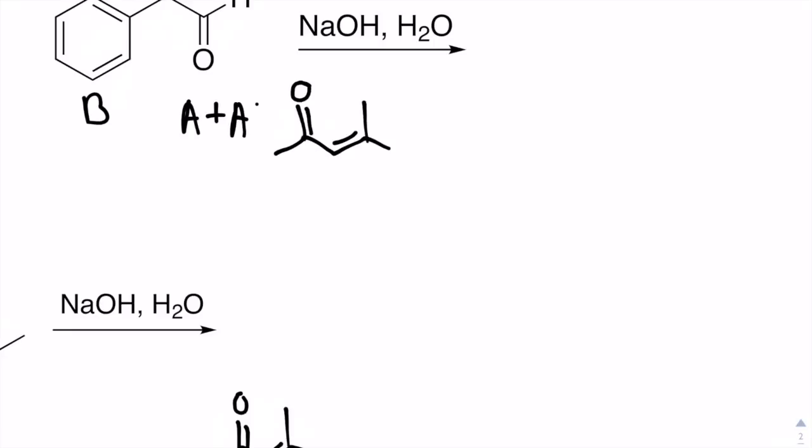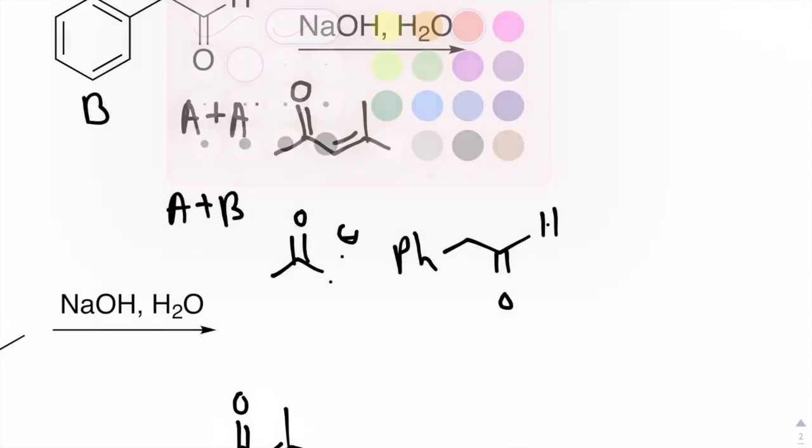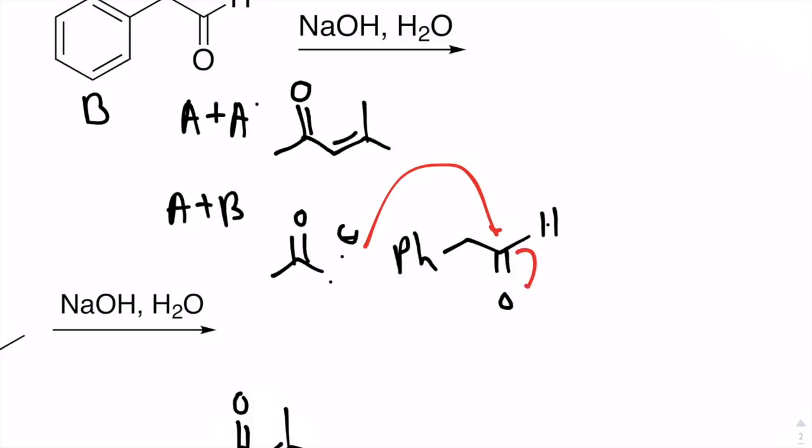All right, so now let's consider A plus B. So we would form the enolate at that ketone over here, and we can add into this carbonyl. Let me show the mechanistic arrows for that. And you can rationalize the protonation step and then the subsequent dehydration. So then we're going to form a product that looks like this.